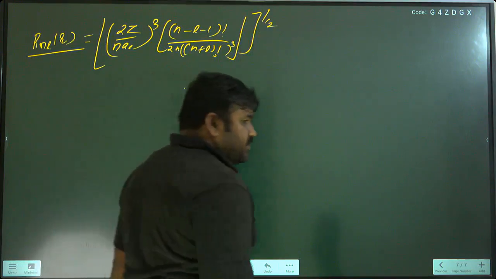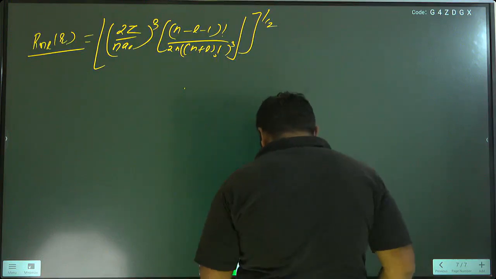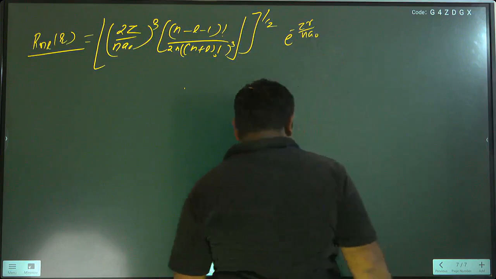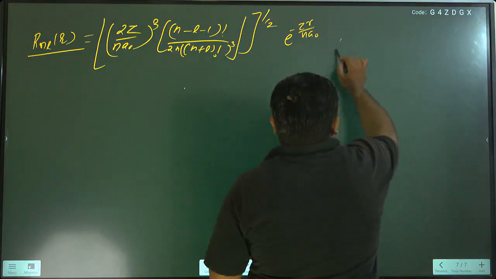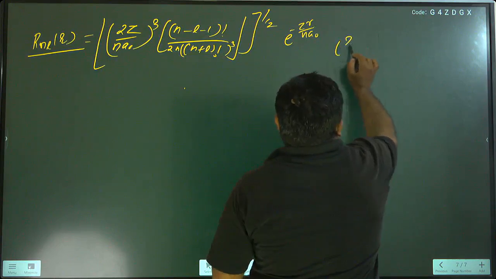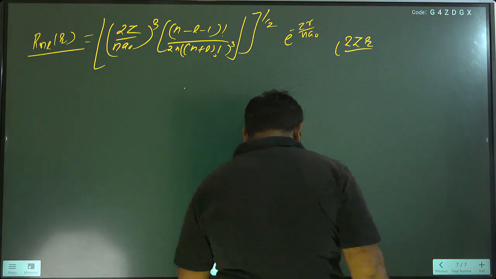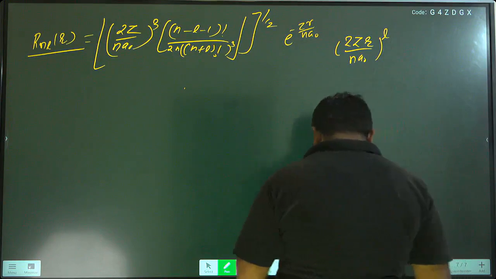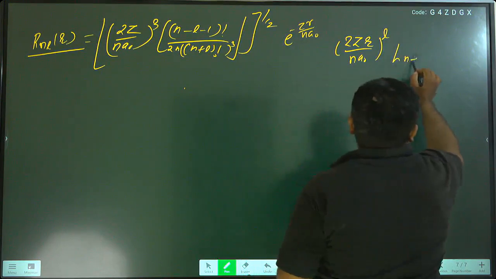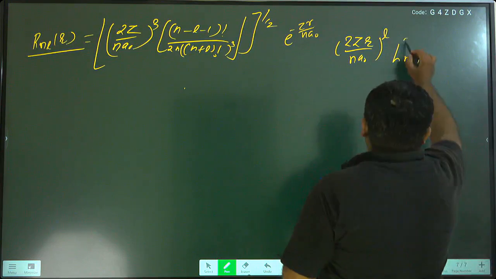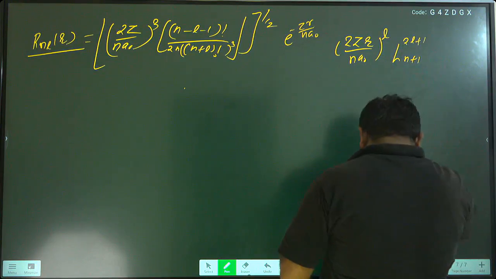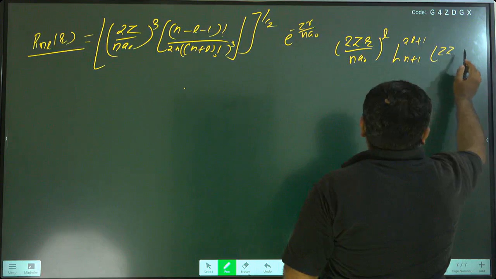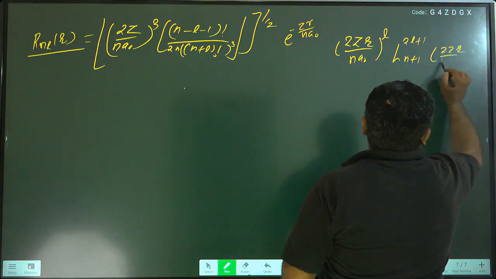Okay, this first part is the constant part, into the second one, e to the power minus zr upon n a naught, into 2zr upon n a naught bracket to the power l, into L n plus l, 2l plus 1, into 2zr upon n a naught.